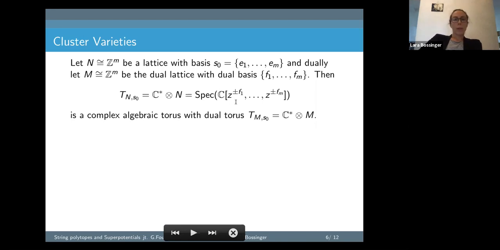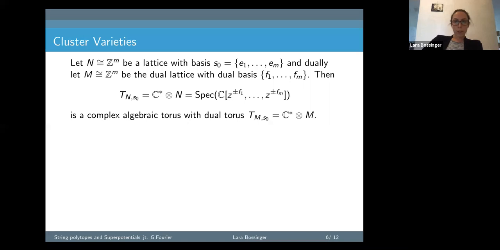And I want to emphasize this because it's going to be important for me to fix a basis in a second, so this is why I captured it also in the notation. So T_N: all these tori are isomorphic if I choose different bases here, but I indicate the basis anyway. Dually, I get a dual torus that is C^* tensored with the dual lattice M.